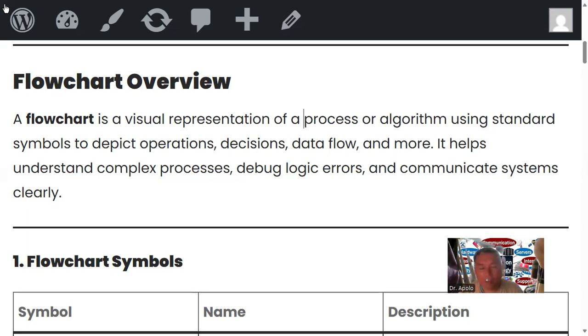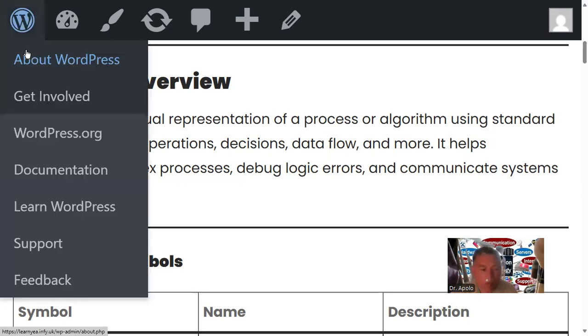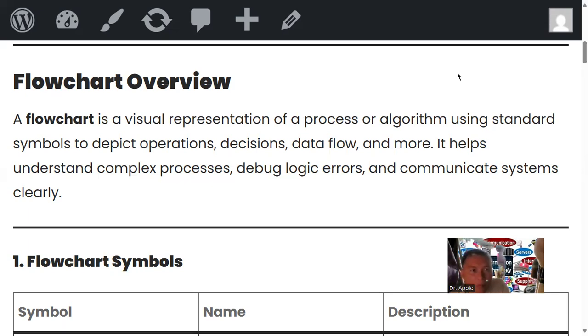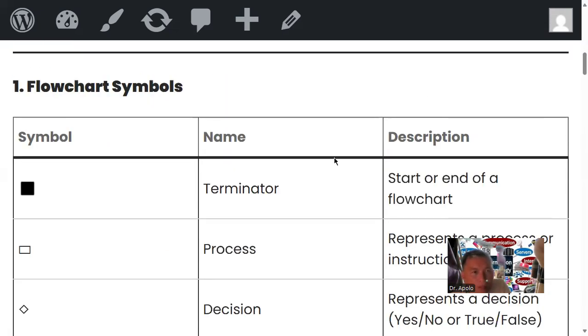In the earlier years of the development of programming, the flowchart has been a useful tool for crafting the logic of the program because it shows the major flow. So this is a very useful graphic symbol. We have the terminator, which is the start or end of the flowchart.